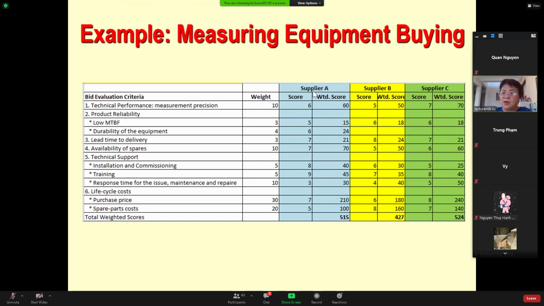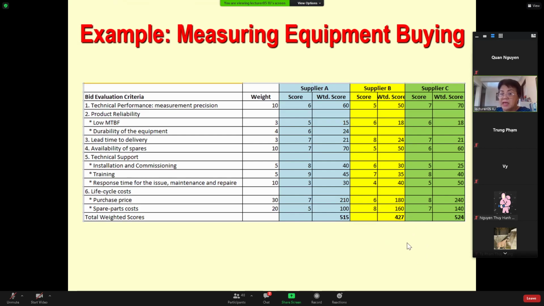But then you do the scoring for each criterion for supplier A, supplier B, supplier C, and you multiply the weighting factor with the scoring, and you come to the total scoring here. And after that, you sum it up.